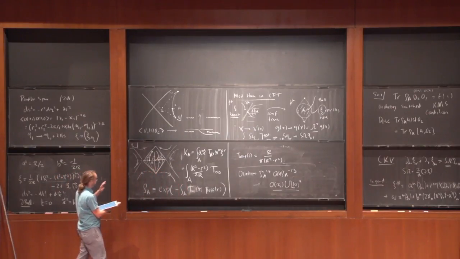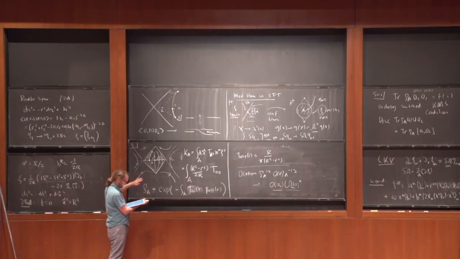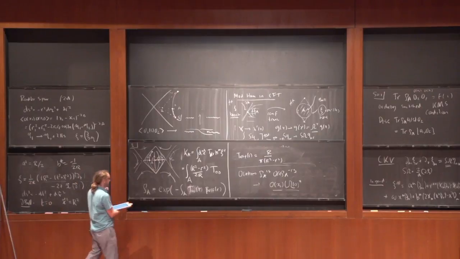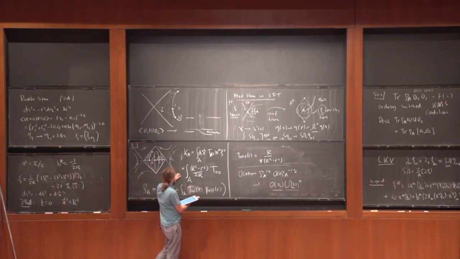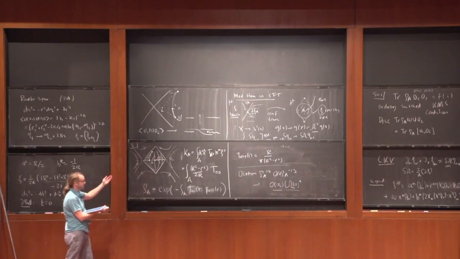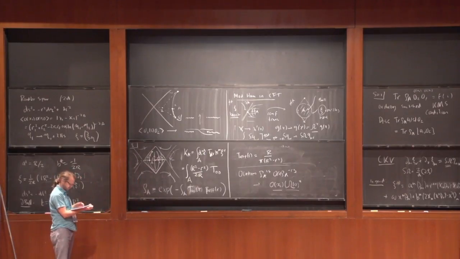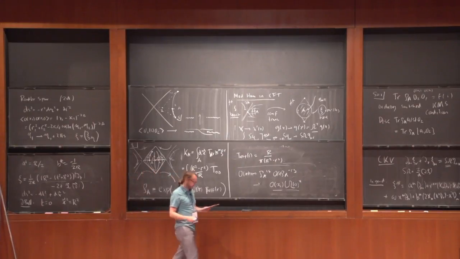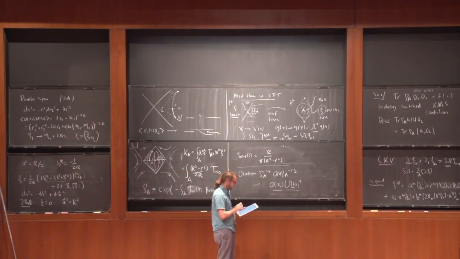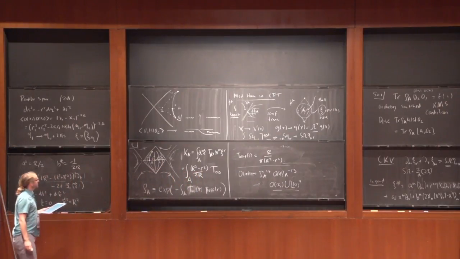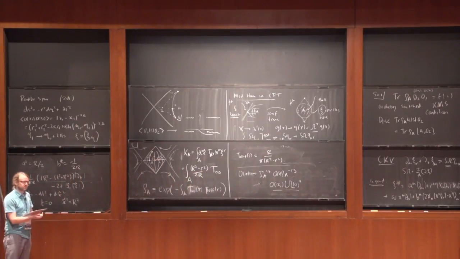One neat application is in AdS/CFT, because there we have this nice formula for the entropy, so we can use this in combination with the entropy to compute the relative entropy. And there's some relation to Einstein's equations and things like that. Okay, so I think that's all I'm going to say about this. Let me pause for questions.